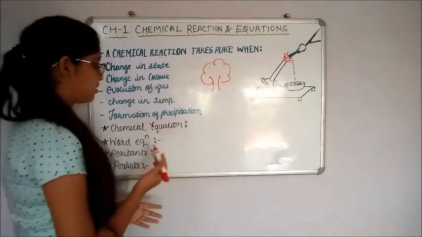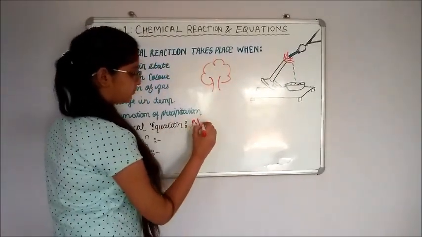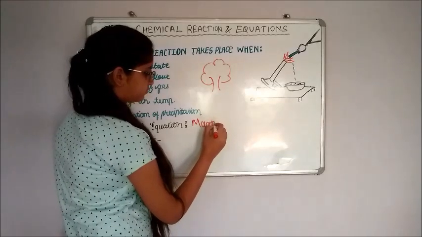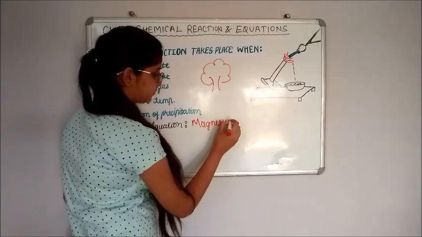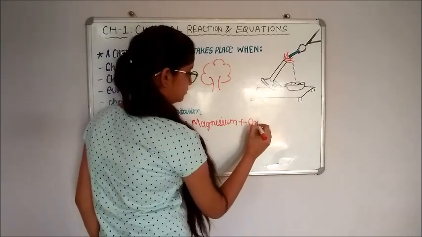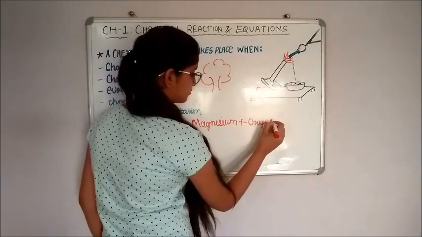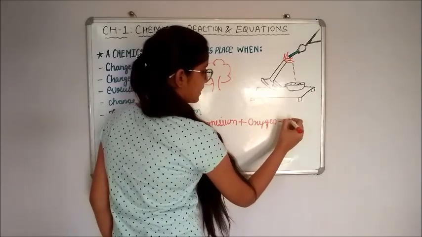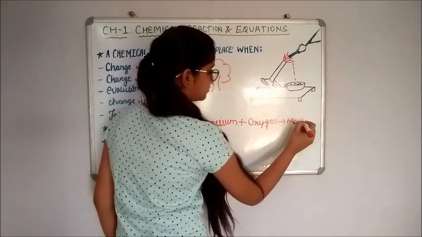So we can write this as magnesium plus oxygen gives magnesium oxide.